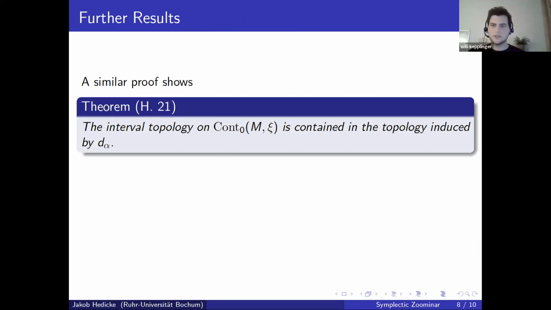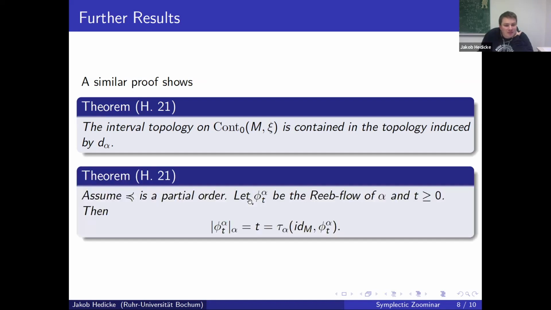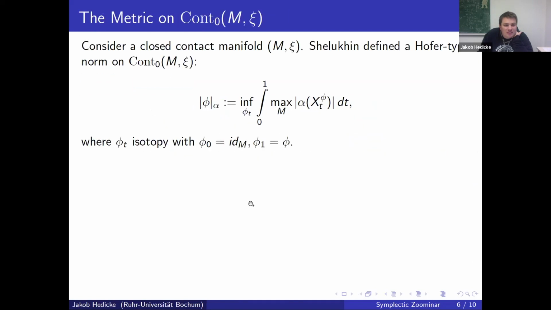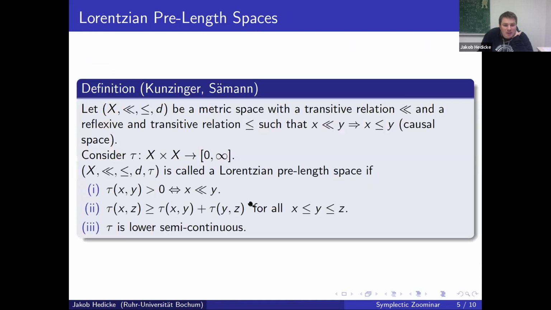So what exactly can one do with Lorentzian pre-length spaces? In the Riemannian counterpart, you can define Bridson-Haefliger-type or Alexandrov notions for geodesic metric spaces. With Lorentzian pre-length spaces like this, not that much.